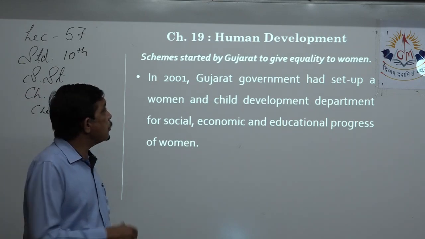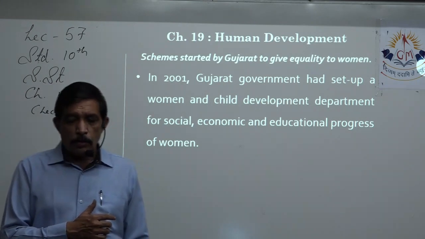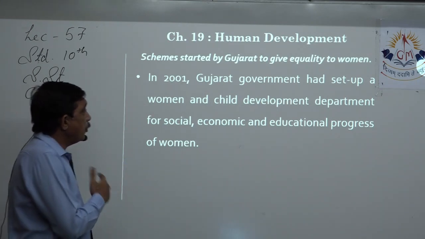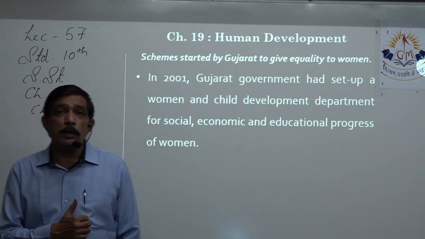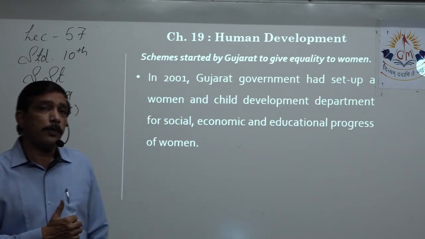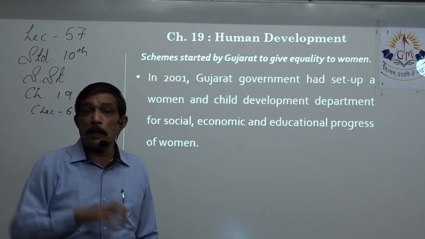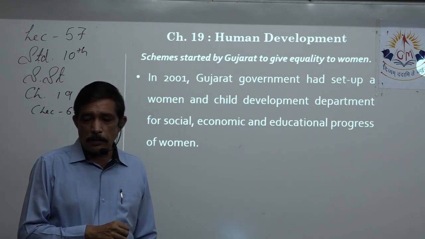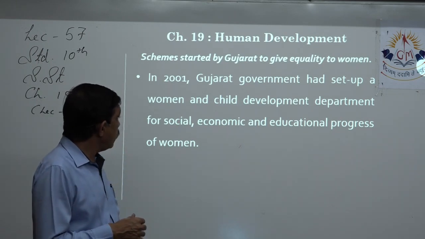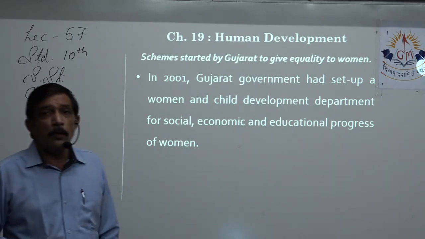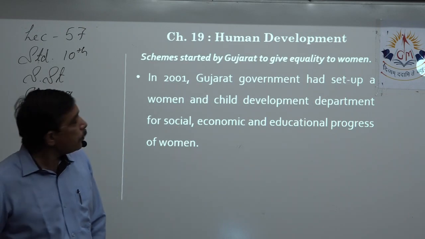Now, different schemes are started by the Gujarat government to give equality to women. In 2001, the government set up the Women and Child Development Department for the social, economic and educational progress of women. So a special department was set up in the center. In the same year, the Gujarat government also set up a department for women and child development, which gives assistance for the social, economic and educational progress of women.